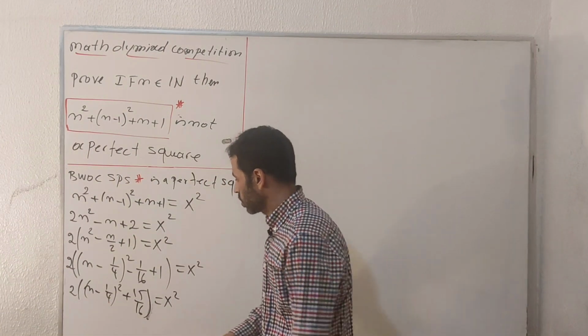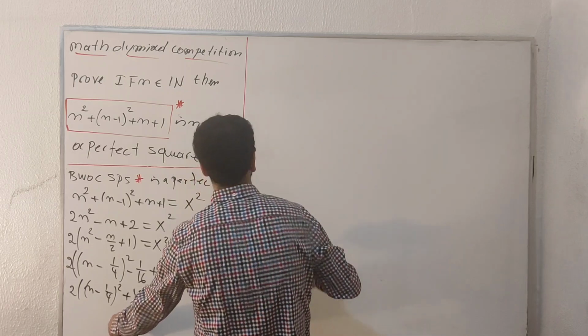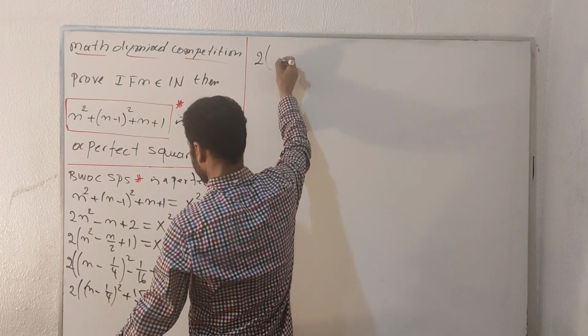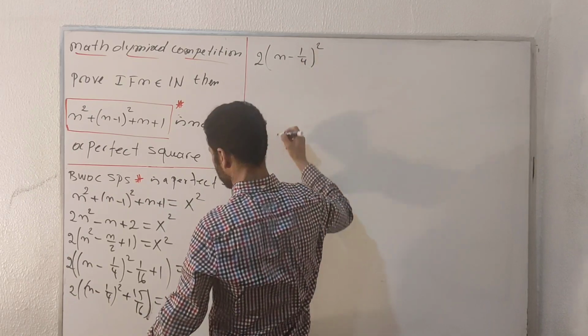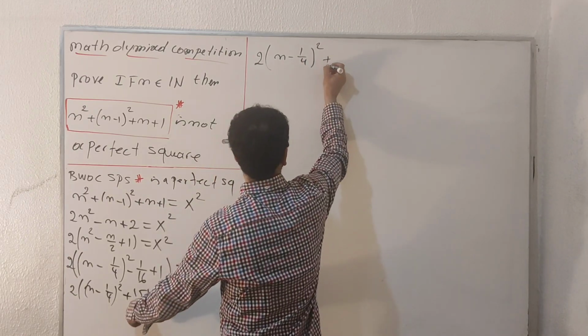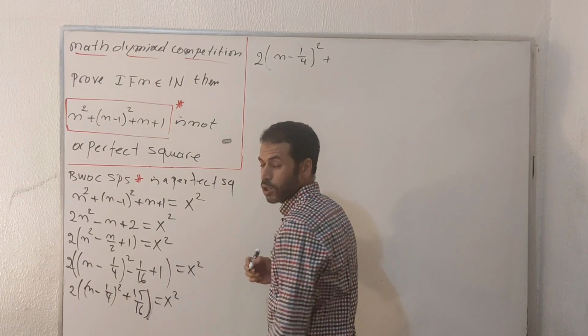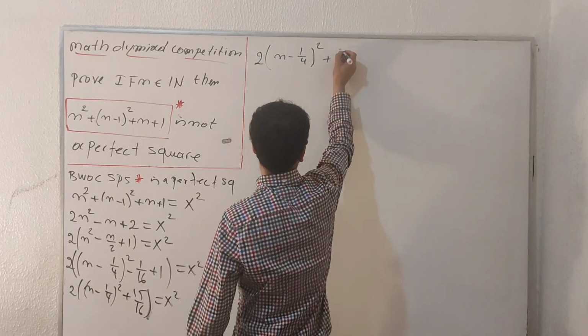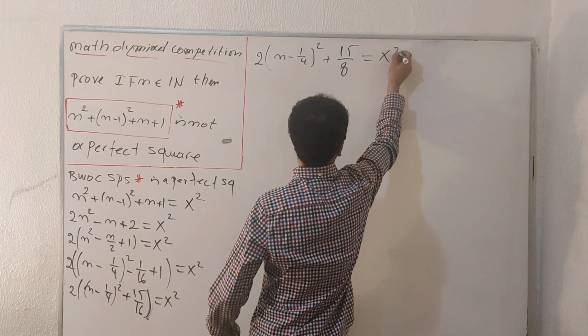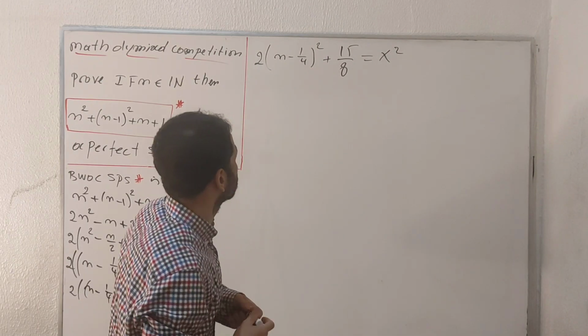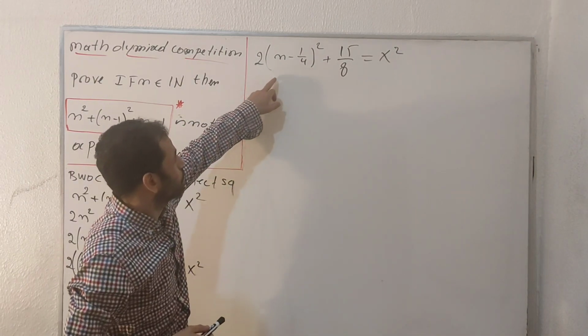So I'm going to distribute this. I will have 2 times (n − 1/4)² plus 15/16 multiplied by 2, which gives us 15/8, equals x². So we are going to simplify this one more.